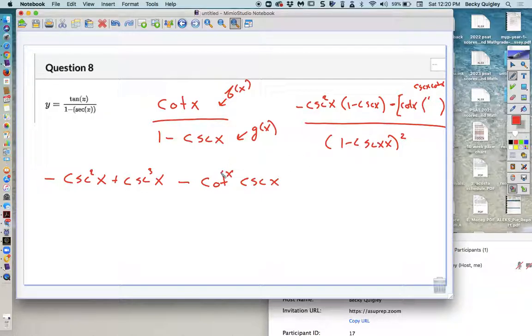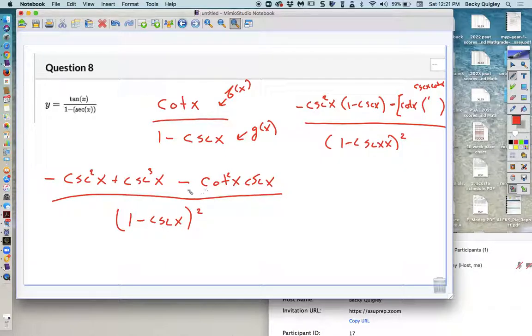So I'm just going to put a square. That shouldn't have been kind of up there, but it's okay. No, it's not. It's going to bug me. Let's try again. Okay, so negative cosecant squared x, cosecant cubed x minus cosecant x cotangent squared x, because I have 2 cotangents, and then divided by 1 minus cosecant x squared.